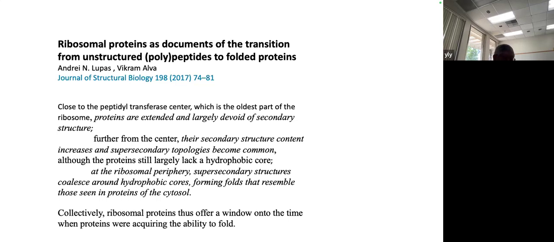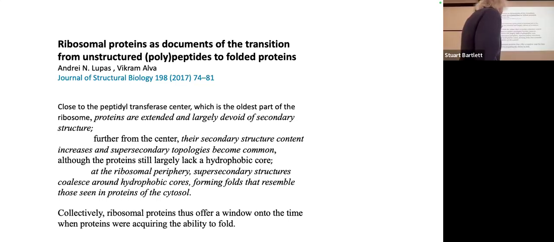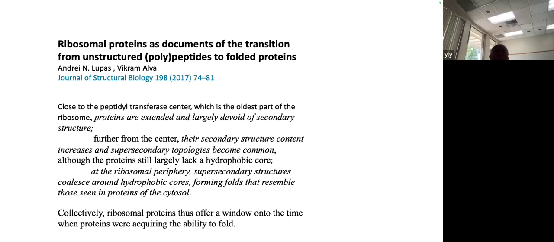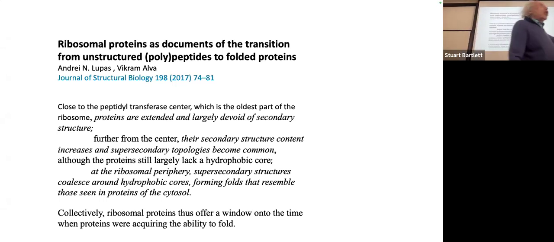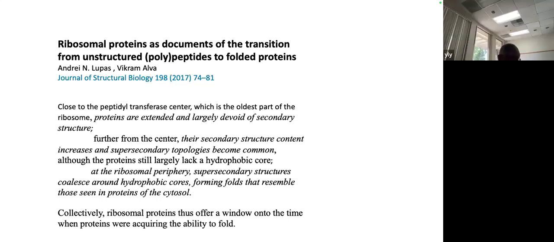Proteins are extended and largely devoid of secondary structure. Further from the center, their secondary structure content increases and supersecondary topologies become common, although the proteins still lack a hydrophobic core. This is following the GC and the GCA and the GCAU code.